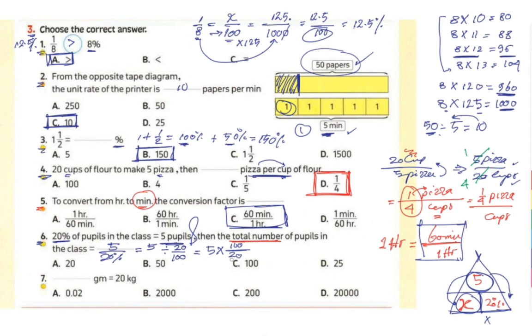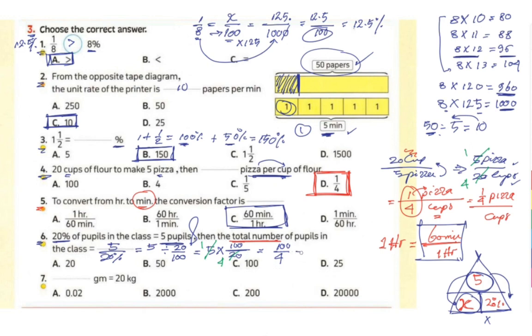And before times, I can simplify. I can simplify 5 with 20. 5 over 5 equals 1. 20 over 5 equals 4. That's it. Now I have 100 over 4, because 1 times 100 equals 100 over 4.